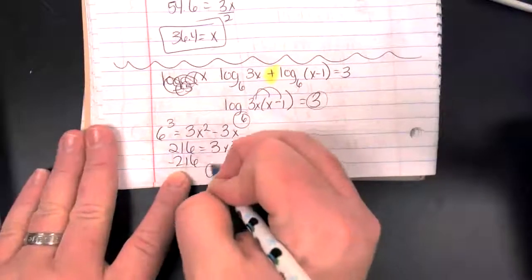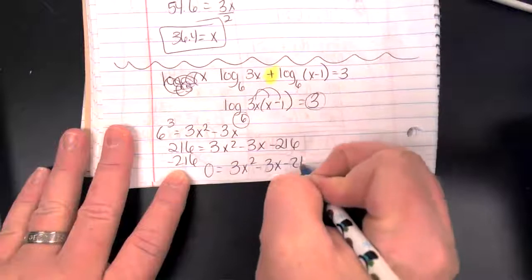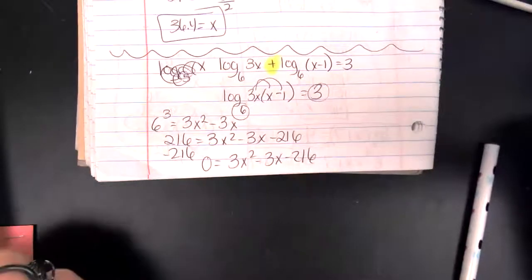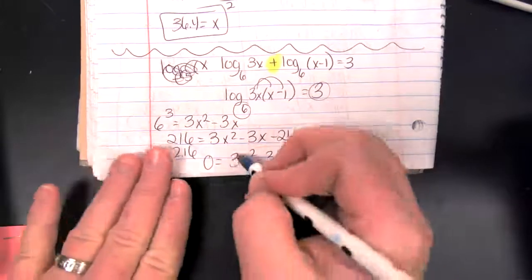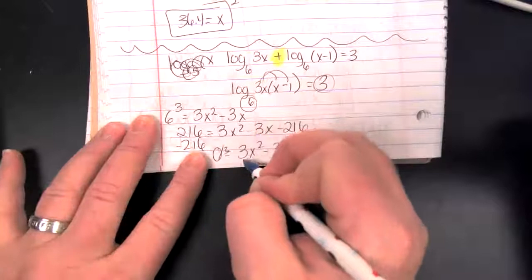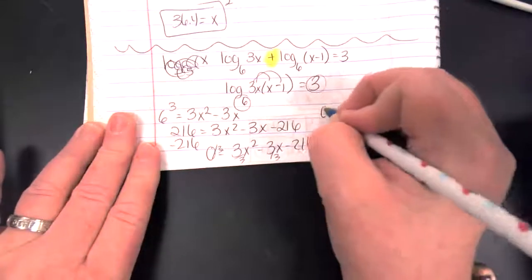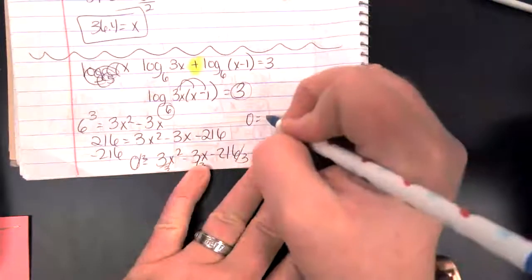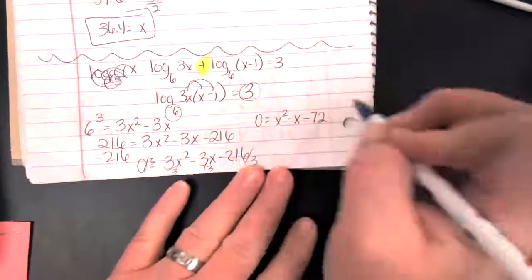Minus 216, okay, because I want it set equal to 0. All right. You know, I could do the box method, but I wonder if 216 is divisible by 3. Because oh, it is. Whew-wee. So divide everybody by 3. Divide by 3, divide by 3, divide by 3. So 0 is equal to x squared minus x minus 72.